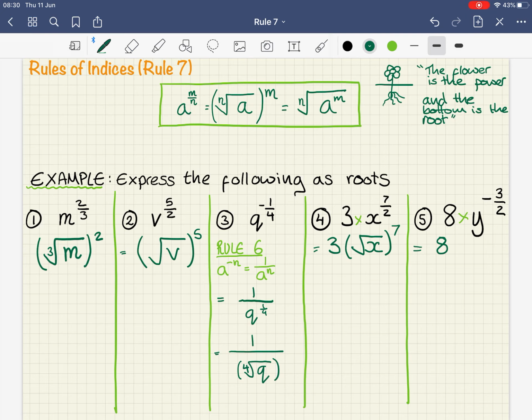But I've got y to the power of -3/2. So I'm going to deal with my rule 6. It's going to flip into the fraction, and that y is going to be on the bottom. And now I can apply my rule 7.